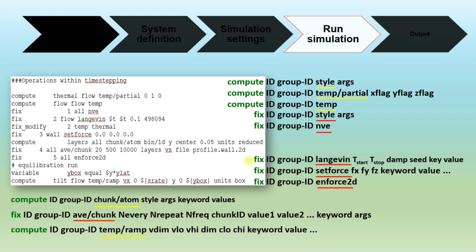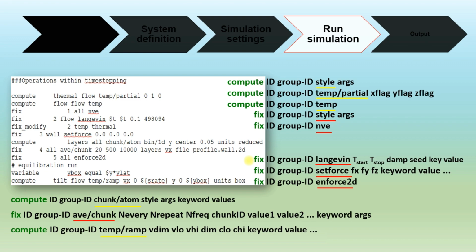The syntax for our third fix is fix ID, group ID, setforce, fx, fy, fz, keyword, value. And here fx, fy, fz equal force component values, and many keywords and values are possible. This command is used here to freeze atoms in the wall group during the simulation by zeroing their force.